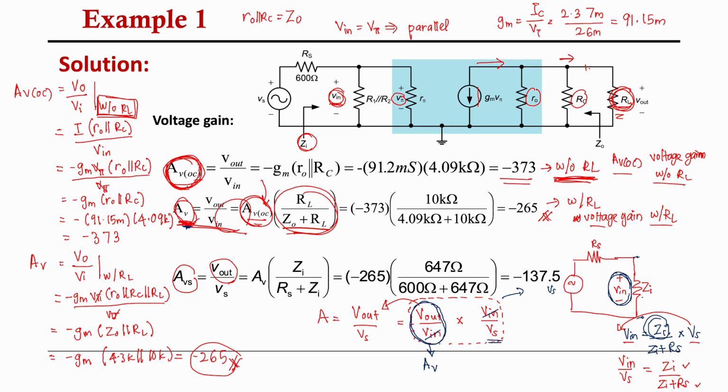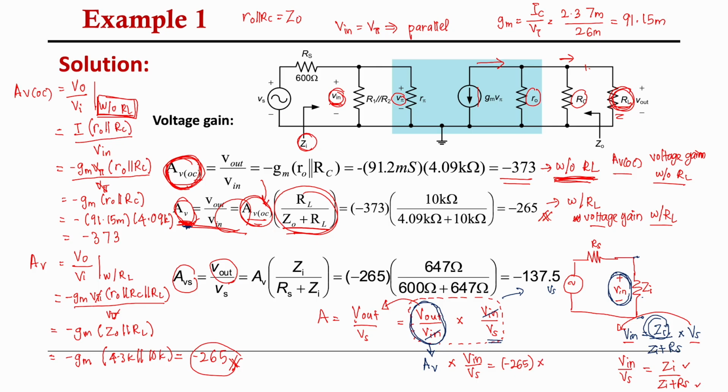So we can get V out over Vs by multiplying with V in over Vs. The AV just now was negative 265, so don't leave out the negative.